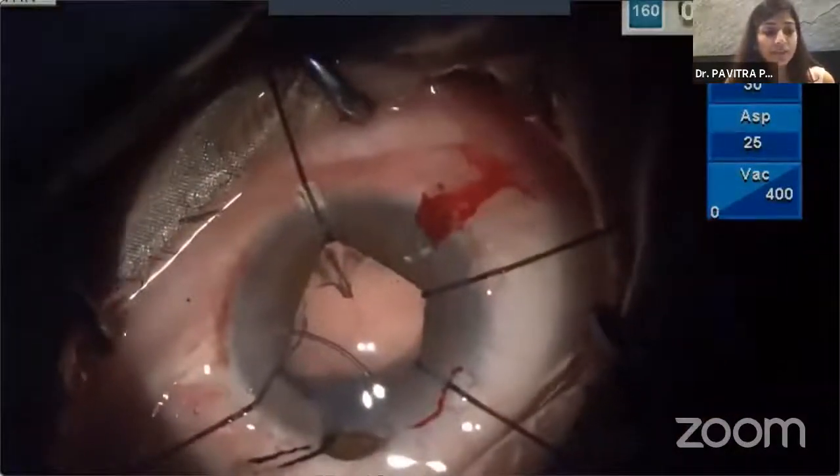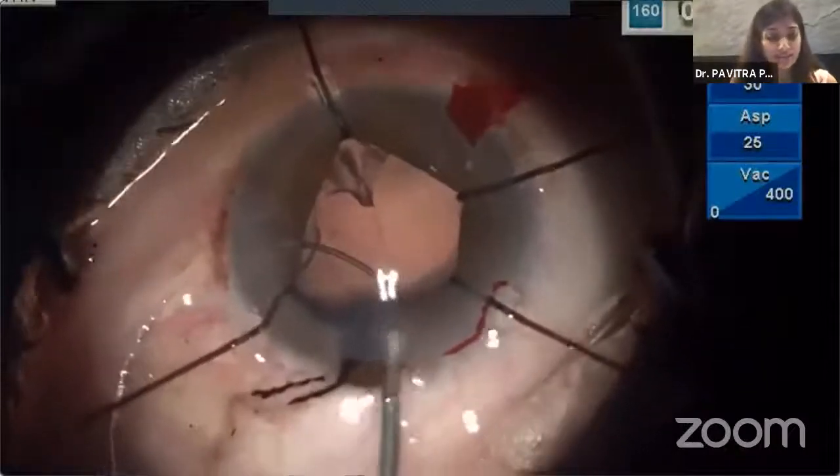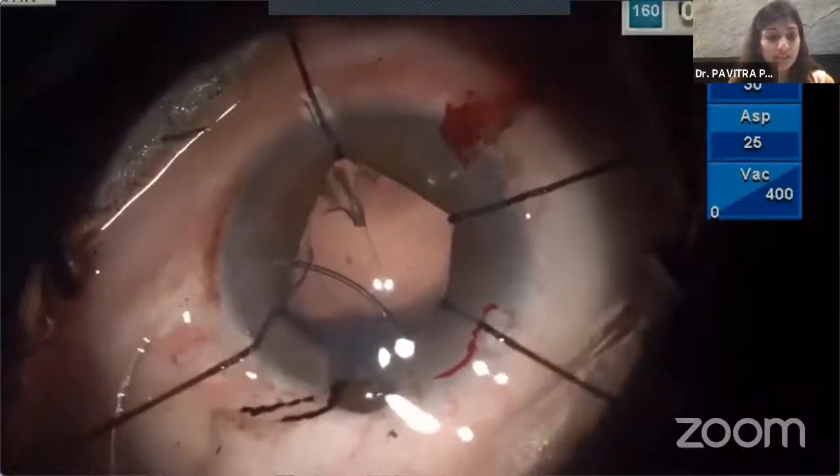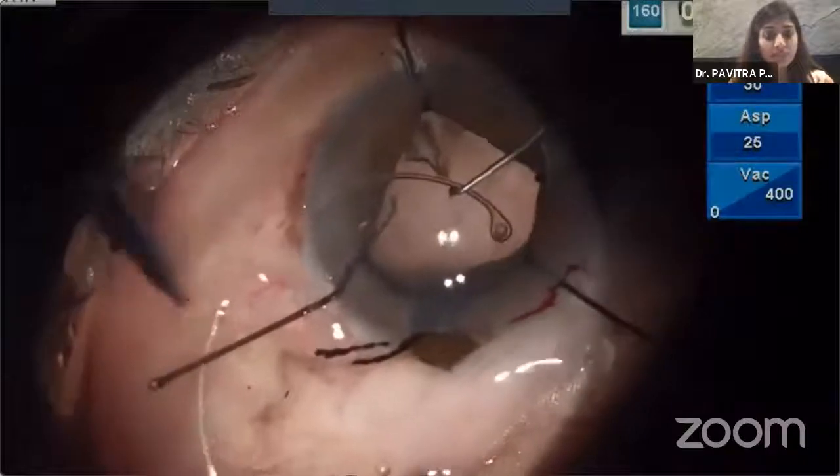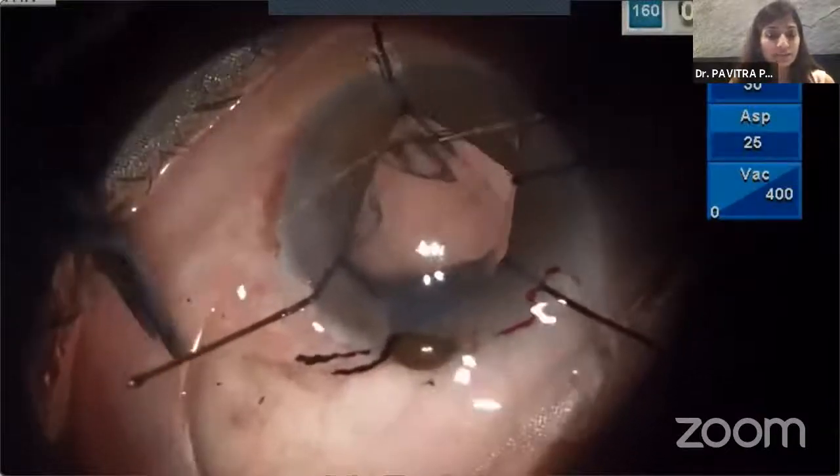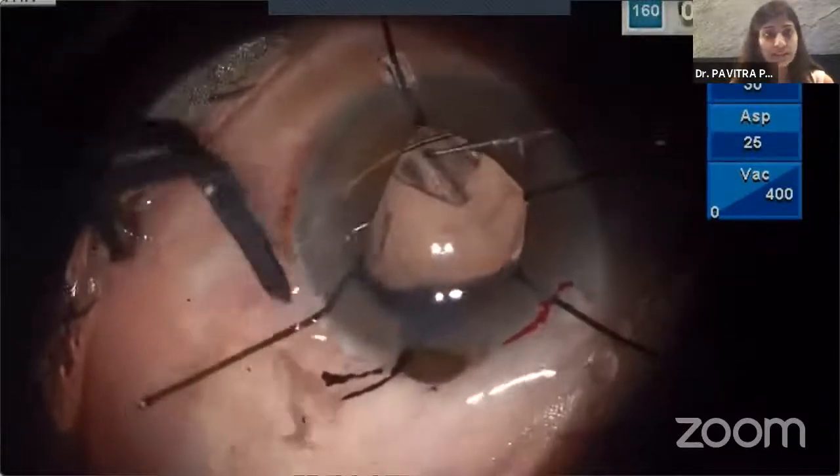The CTR was placed from the opposite area of the zonular dehiscence, which was near the main wound. And this was done with the help of McPherson's forceps in one hand, and Sinskey's hook was used to guide the CTR into the bag.